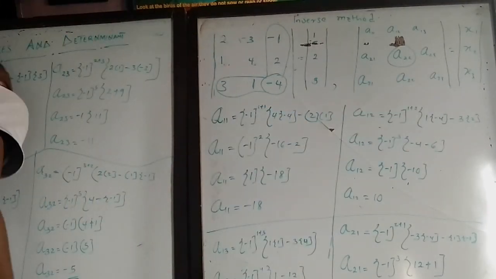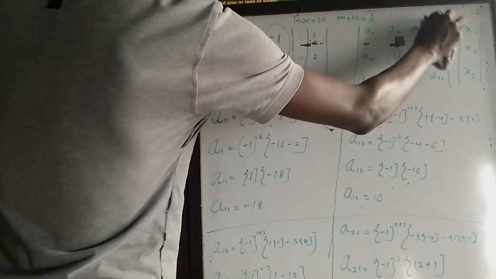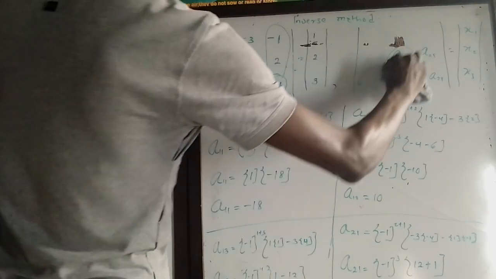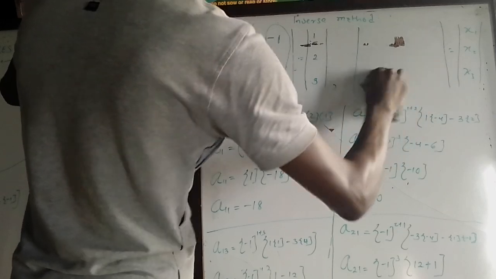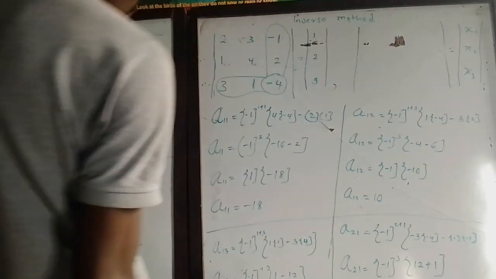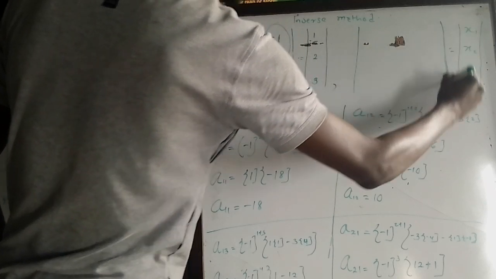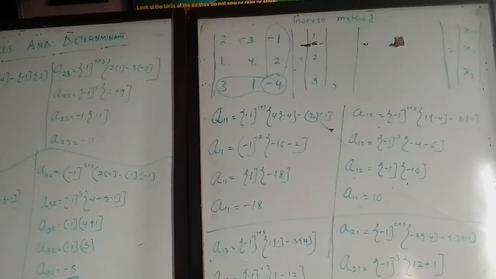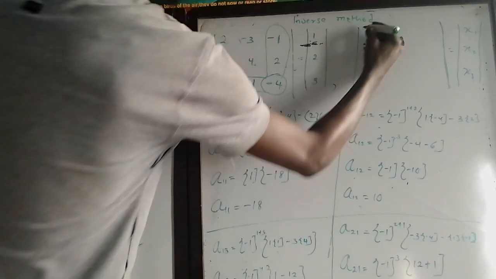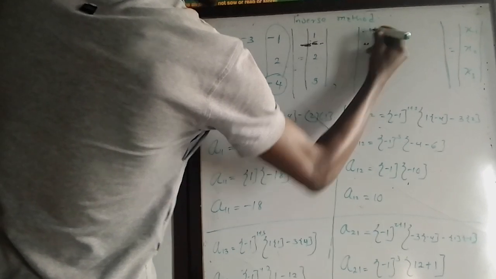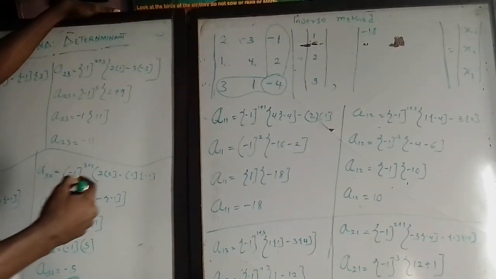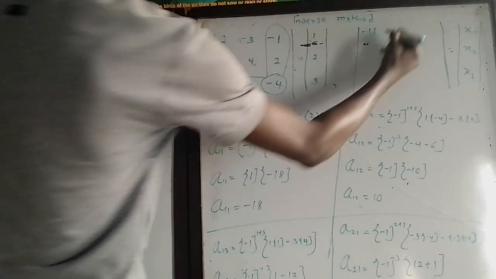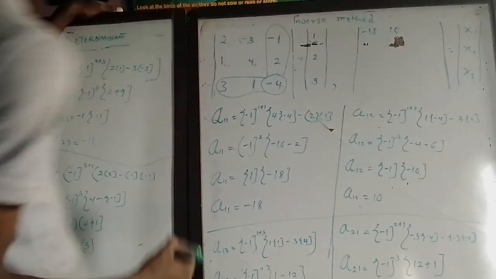So now we are going to input all the A we have in this place in matrix form. So the one with inverse method we solve. Our A11 is what? Minus 18. Our A12 is what? 10.